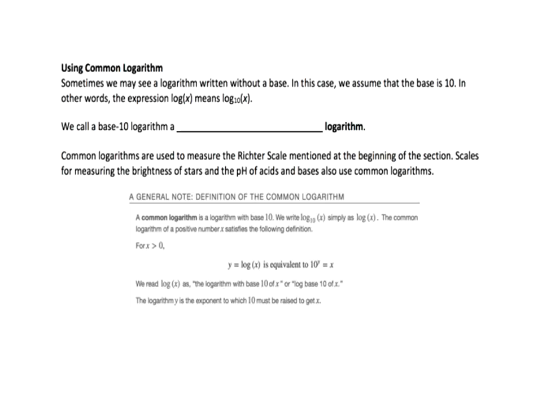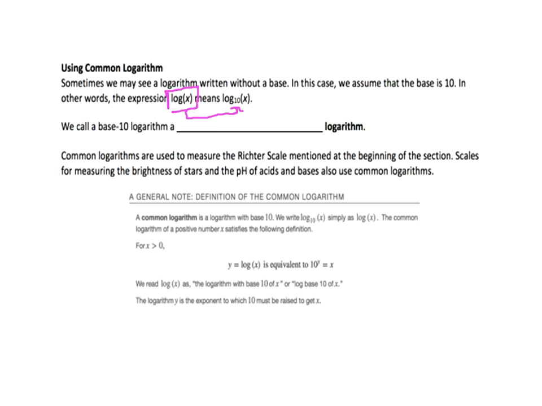Okay, using the common logarithm, now we're getting into your calculator and what it can do for you. Sometimes you're going to see logarithms written without a base, so you just see log of something, in this case log of x. It is understood when you do not see a base written that the base is 10.